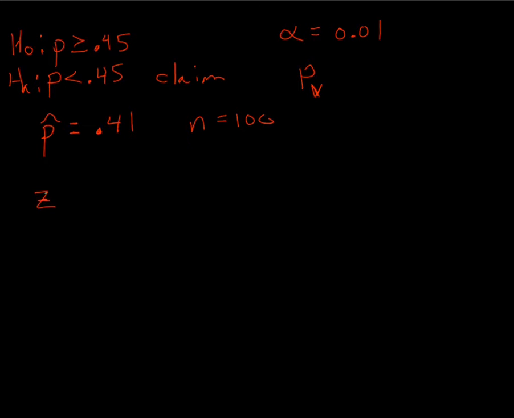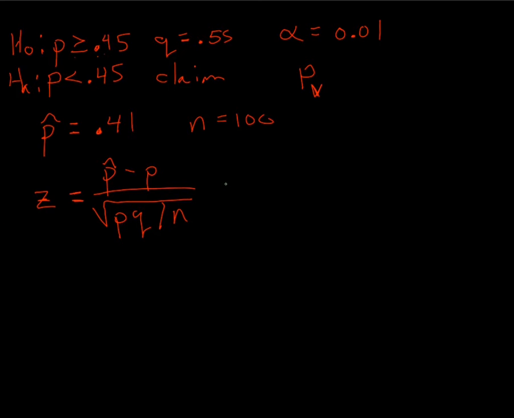So we calculate the z-score: p hat minus the proportion value, divided by the square root of pq divided by n. Remember, the p down here is the p if the null was true. That gives us a q automatically of 1 minus p, or 0.55.